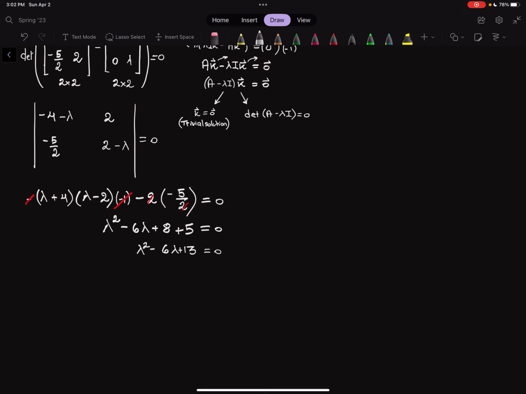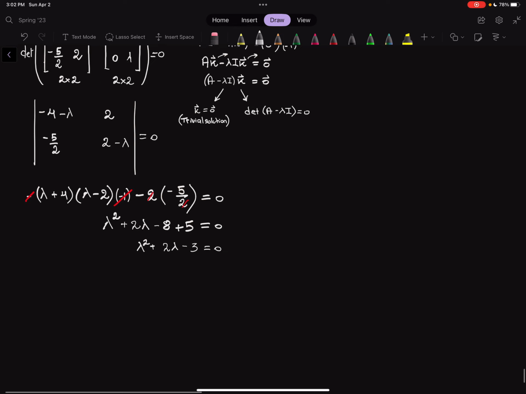So if we have a +4, then we're going to get a +4 times -2, which is going to be a -8 here. So this one's going to be a -8, and their sum is actually going to be a +2. So this one's going to be a +2.